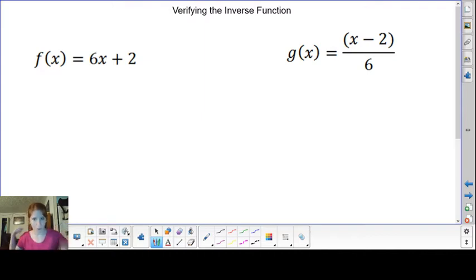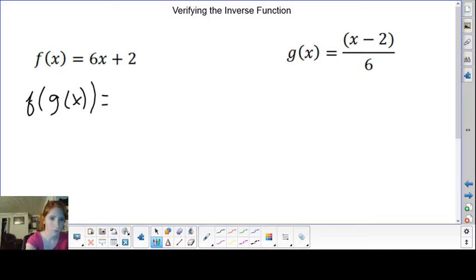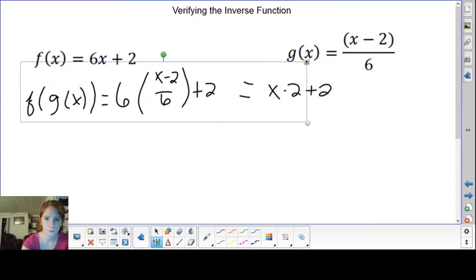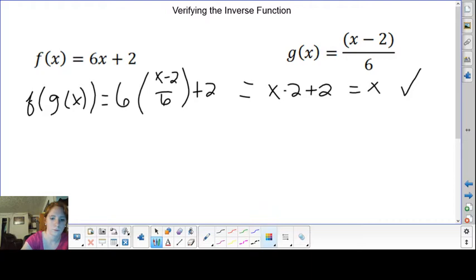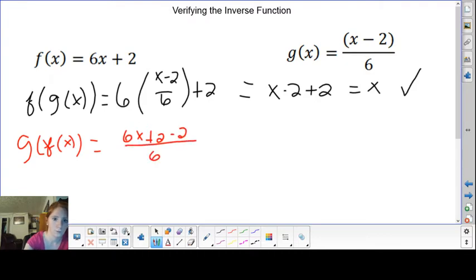I'm probably going to do them in a single color so you can see them. Alright, we should have gotten x both times.